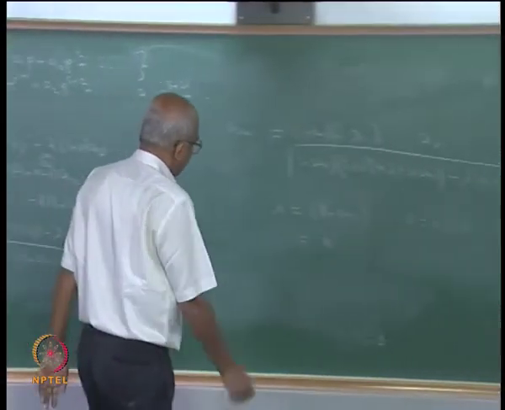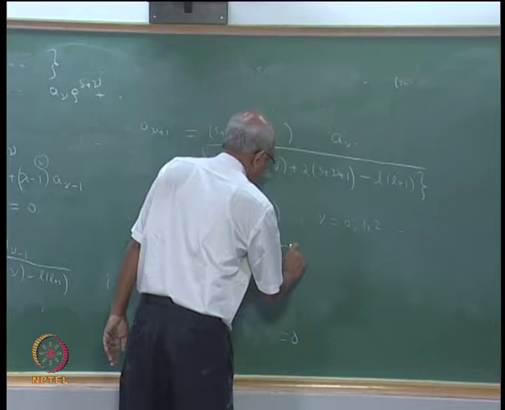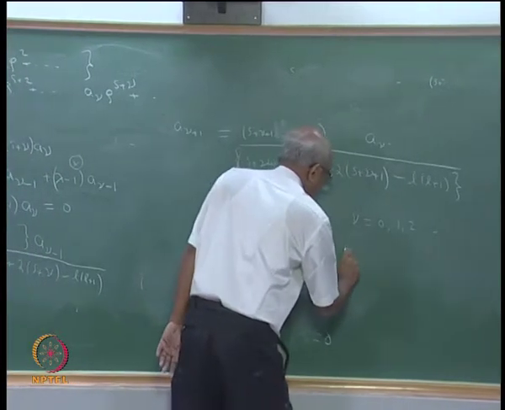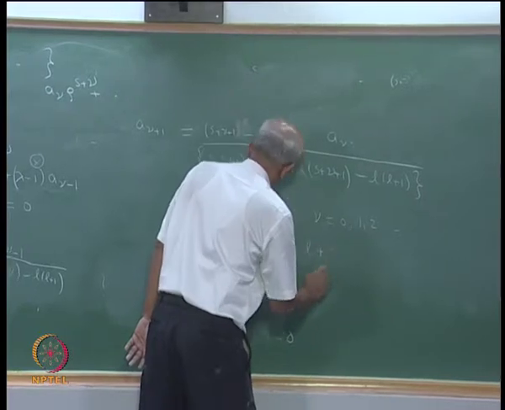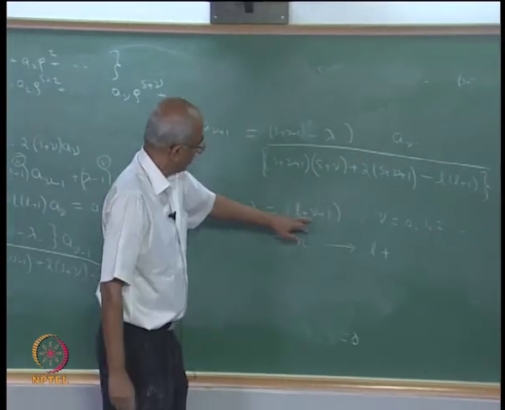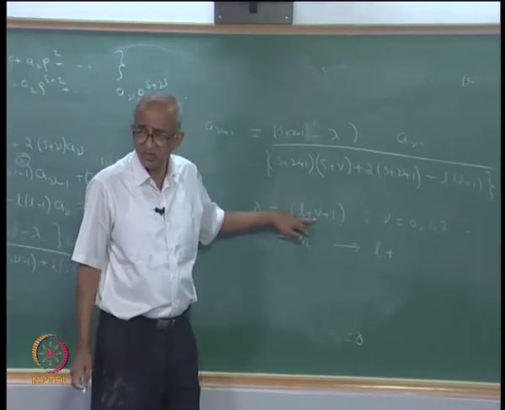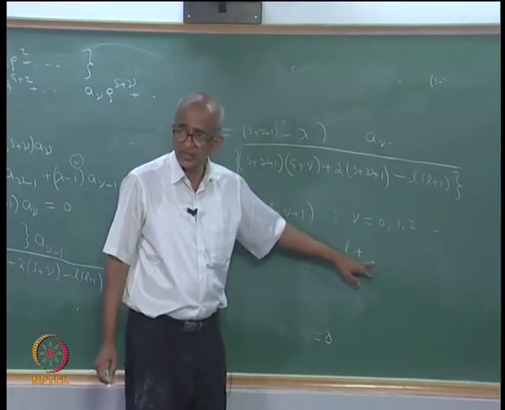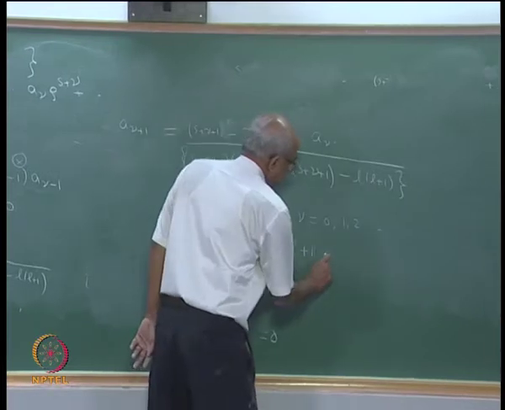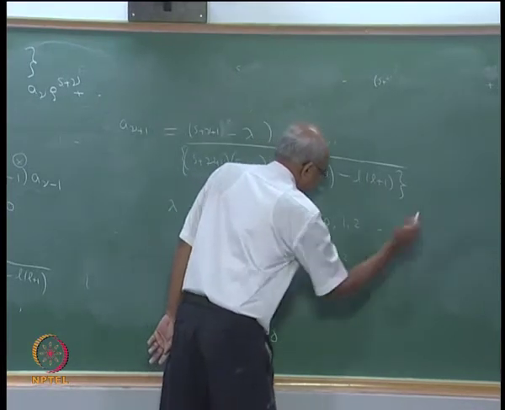So, what are the different values for n that you may assign? Nu can have the minimum value 0, which means n may take the value L plus 1, L plus 2, etc.